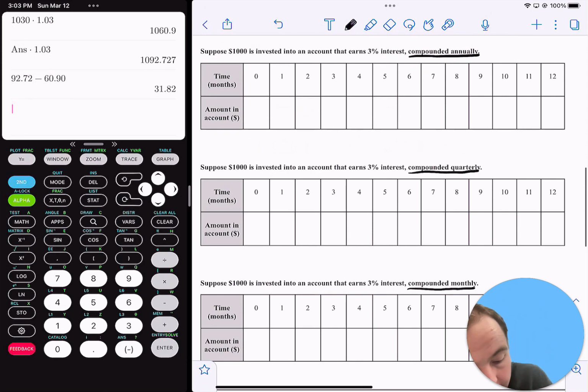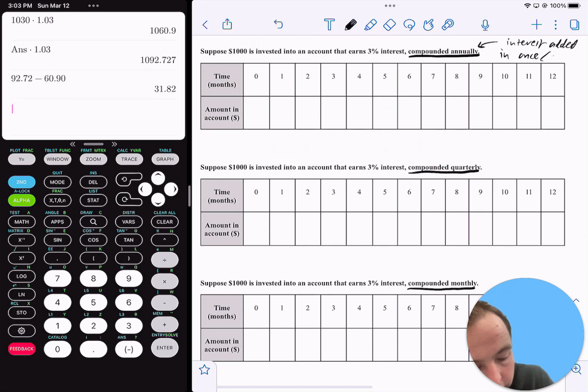So what that means is when it says it's compounded annually, it means that interest is going to be added in once per year into the account. So by compounded, it's the frequency of how often it's going to be added into the account on a yearly basis.